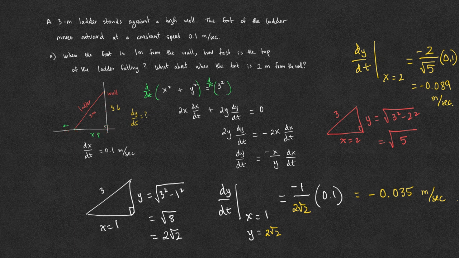And so if we were to look at the dy/dt expression on the right hand side, that is negative x over y times dx/dt, we see that if dx/dt is constant, then as x increases, y decreases, and therefore the magnitude of dy/dt increases as well.